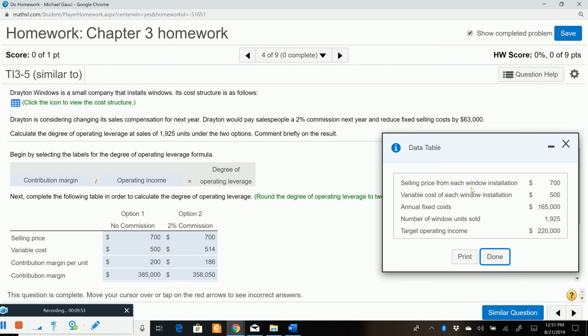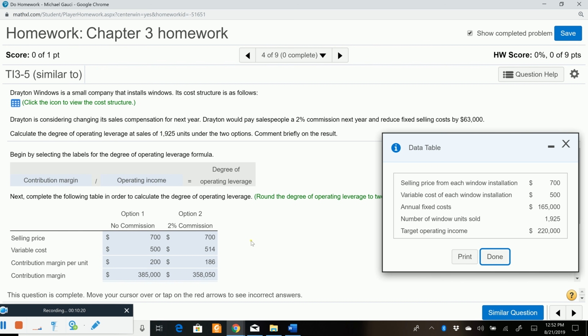We're going to pay them a commission now instead of paying them a fixed salary per se. All right, so what would the operating leverage be at 1,925 units under the two options? And once again, the operating leverage formula is going to be your contribution margin divided by your operating income.